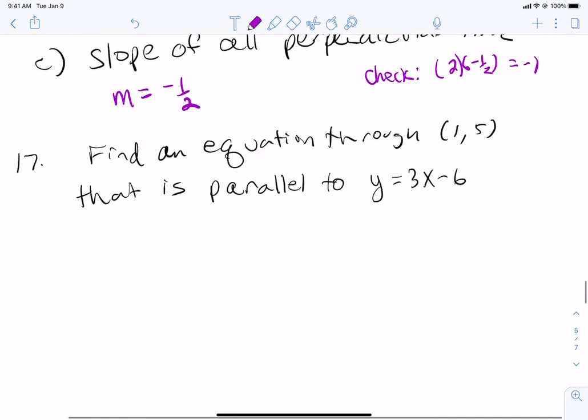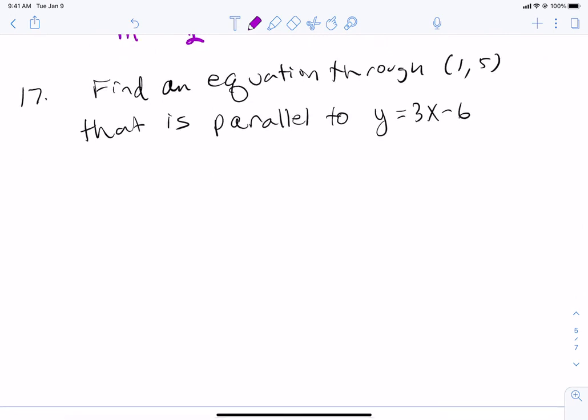Now let's jump to 17. What we're going to do is go a little further than the question before it. In 16, it asks what the slopes are that are parallel and perpendicular. Here it says we want an equation through 1, 5 that is parallel to y equals 3x minus 6. Well, what do we know? The slope has to be 3.